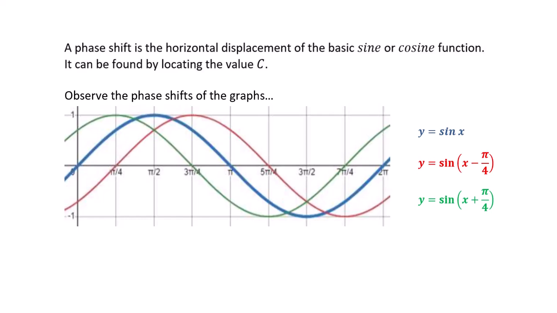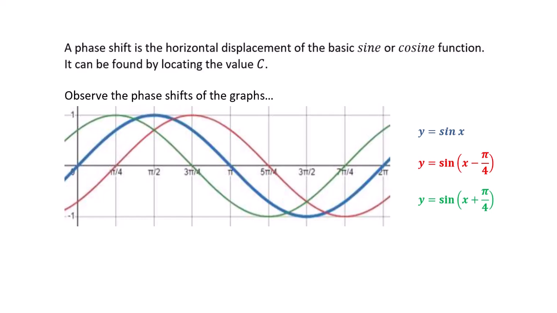A phase shift is simply a horizontal shift. It's the horizontal displacement of the basic sine or cosine function. It can be found by locating the value c. Observe the phase shifts of these graphs. Here, y equals sine of x. Our basic sine function is in blue.